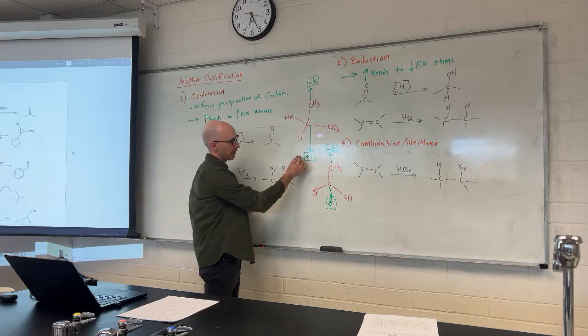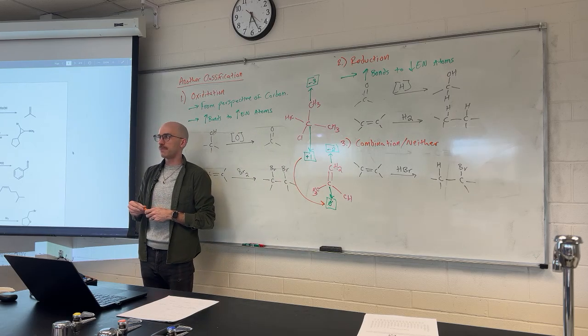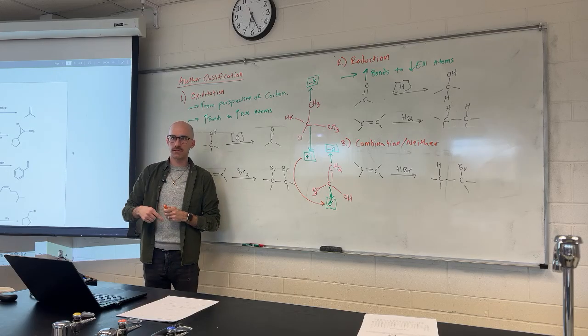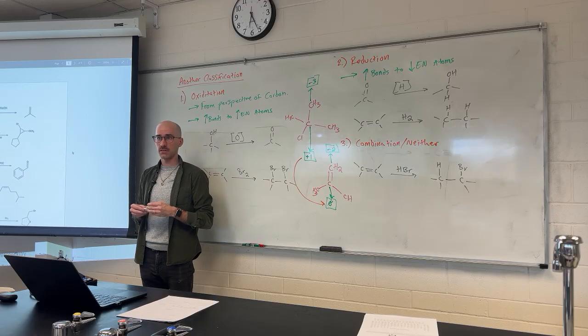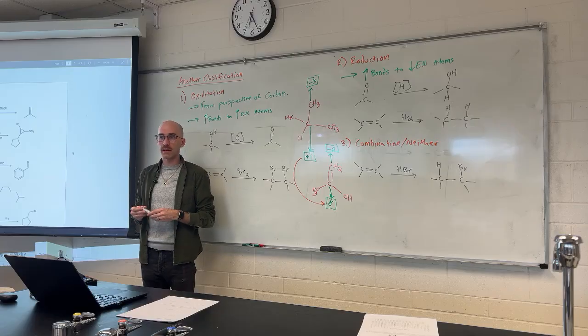What change happened to this carbon? Did its oxidation number become more positive or more negative? More negative. So did it gain electrons or lose electrons? It must have gained electrons by becoming more negative.